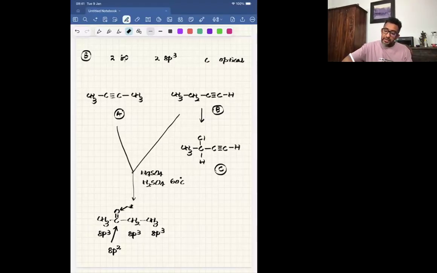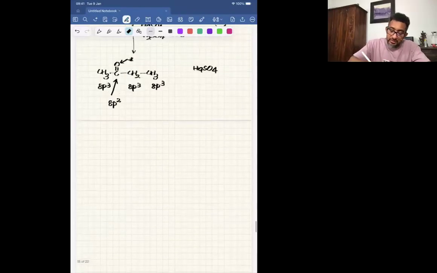What is the catalyst Y? HgSO4. How do you distinguish A and B using a chemical test? You can add sodium. B gives hydrogen and A doesn't give anything.